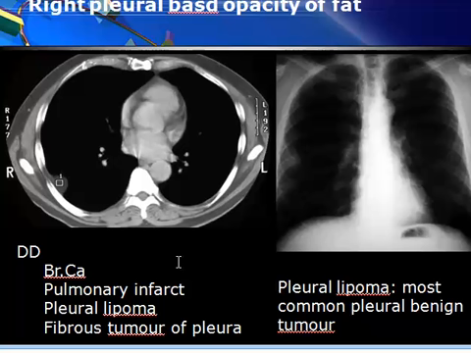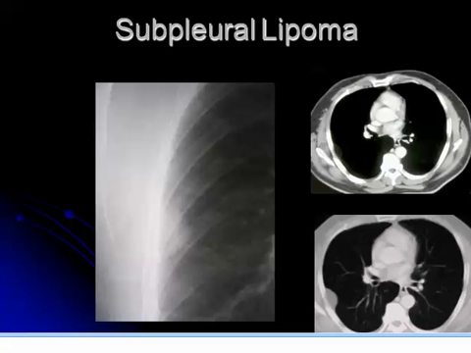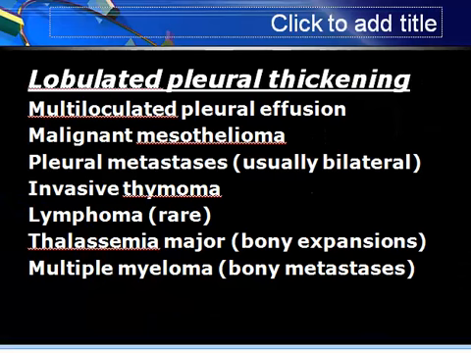Pleural lipoma is the most common pleural benign tumor. Subpleural lipoma, another case of subpleural lipoma, the most common benign tumor.